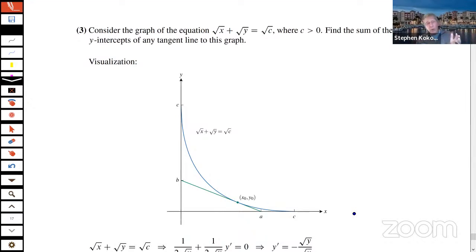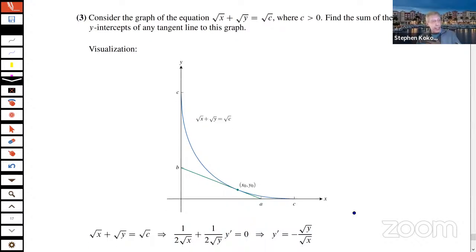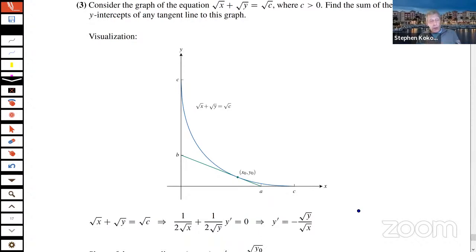This is a very cool problem, and we can actually do this with implicit differentiation. So I'll at least start this, and we'll leave maybe a little bit of this for teachers to finish up tomorrow. So I'm going to start with this expression. I'm going to find the derivative y prime implicitly.